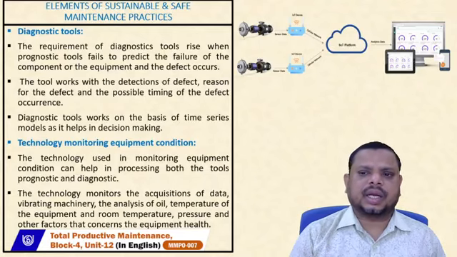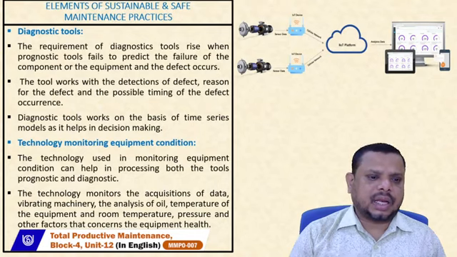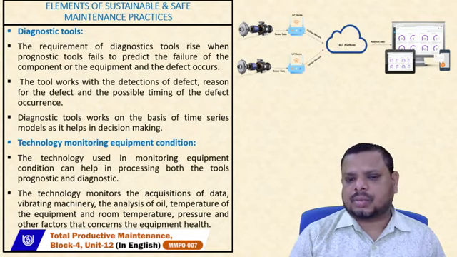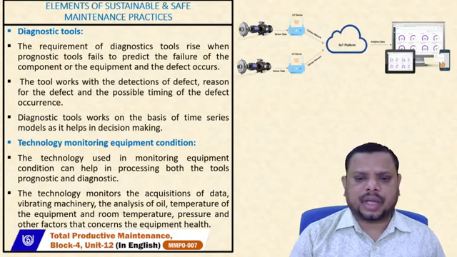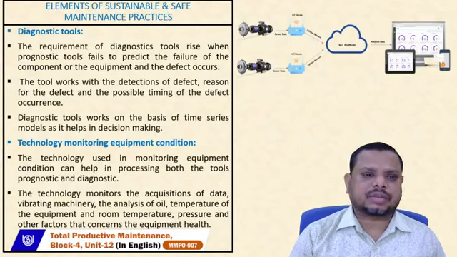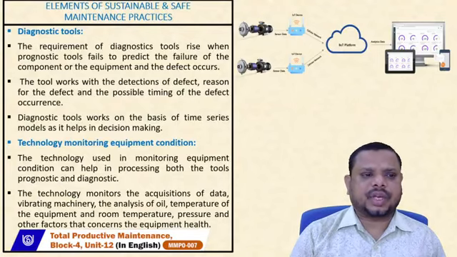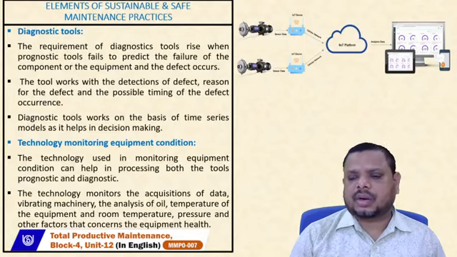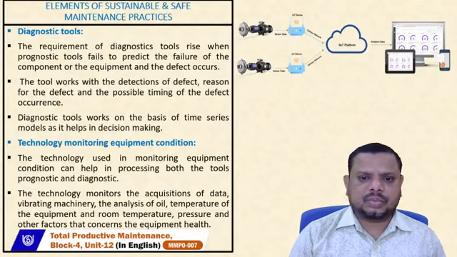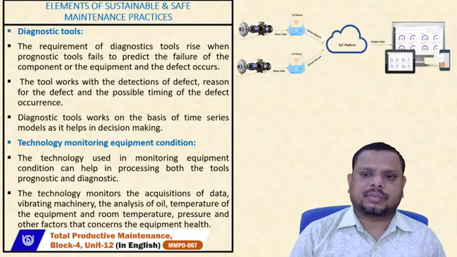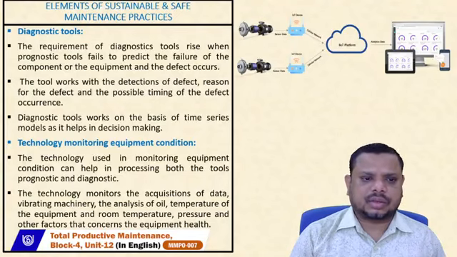From here, the analytical data is analyzed, and if required, they make the decision whether to go for repair, adjustment, or replacement. So, diagnostic tools basically predict the failure of components and equipment when the defect occurs. And the most important part of the diagnostic tool is that it is based upon time series models.